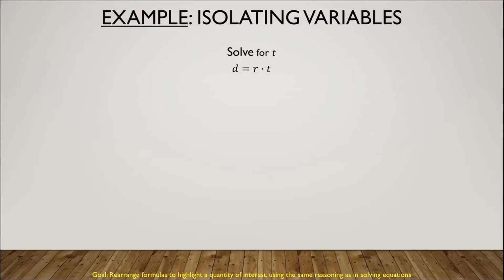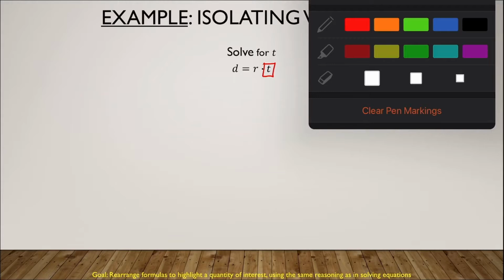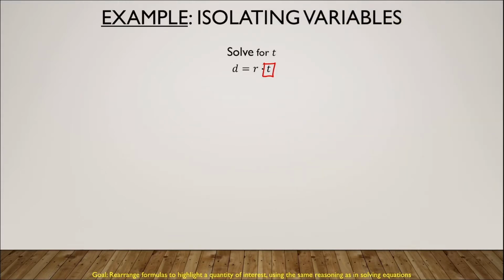Isolate a variable. We want to solve for t. That means I want to get t all by itself. So what is t doing currently? What's stopping t from being by itself? It's this r. What math operation is r already performing on t? r is being multiplied by t.